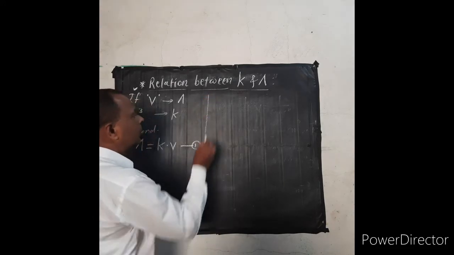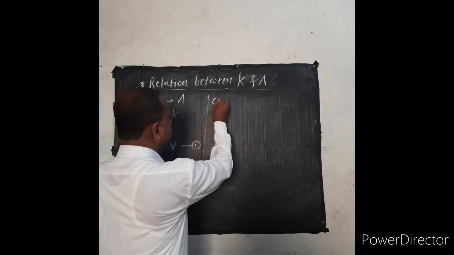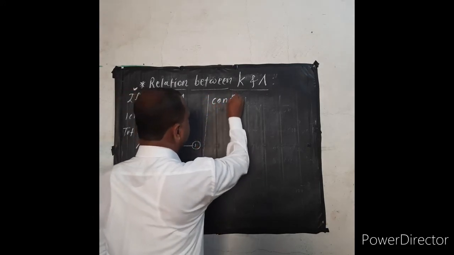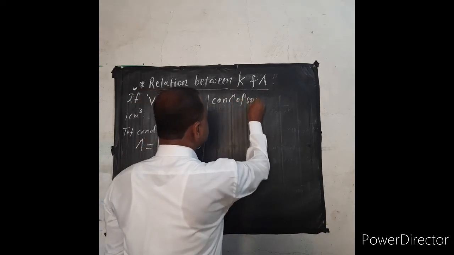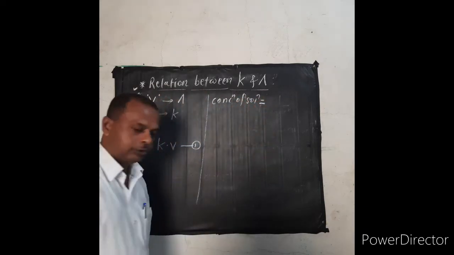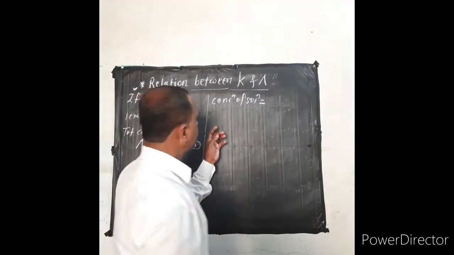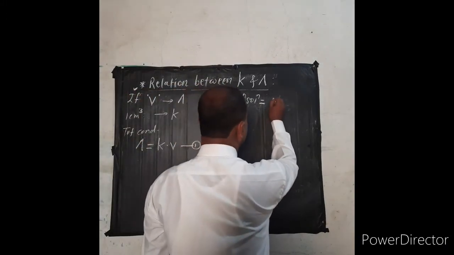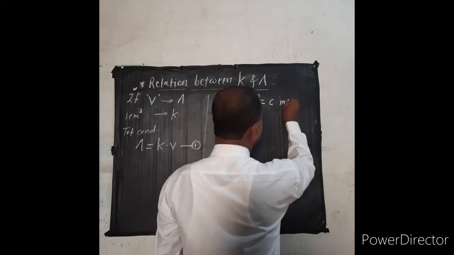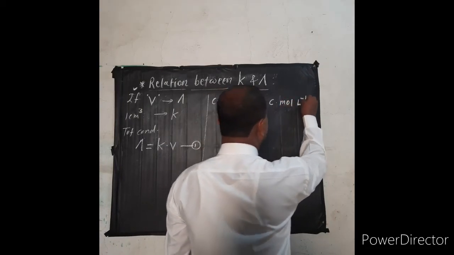Now the next point, concentration of solution. The concentration of solution is C, in mole per liter inverse.